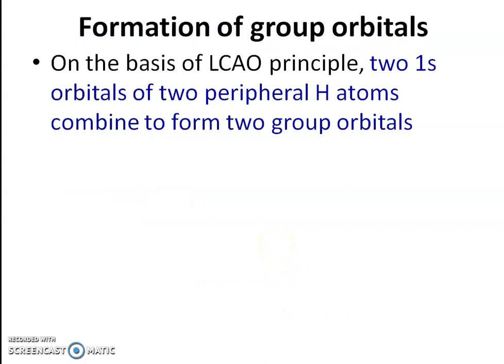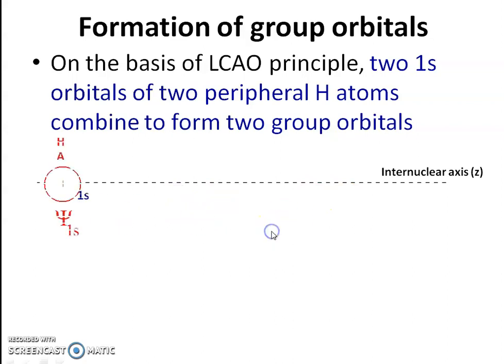Now the next step is the formation of group orbitals on the basis of the linear combination of atomic orbitals principle. Two 1s orbitals of the two peripheral atoms combine to form two group orbitals. Consider the internuclear axis.